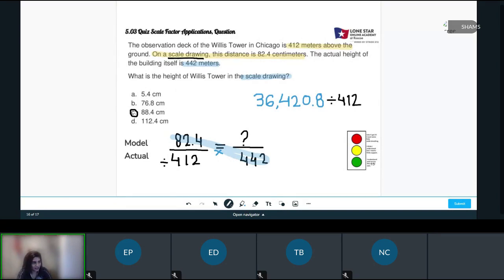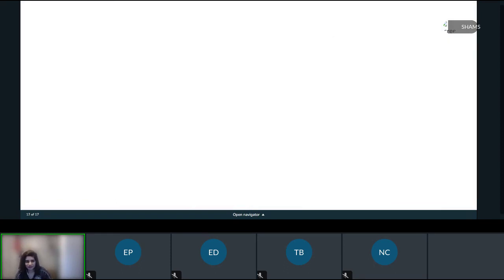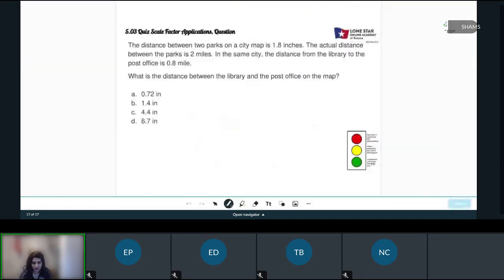Okay, then the third variety of question 5 is over here. This is the last and third variety. The distance between two parks on a map is 1.8 inches. They talk about the map, right? The actual distance between the two parks is 2 miles.